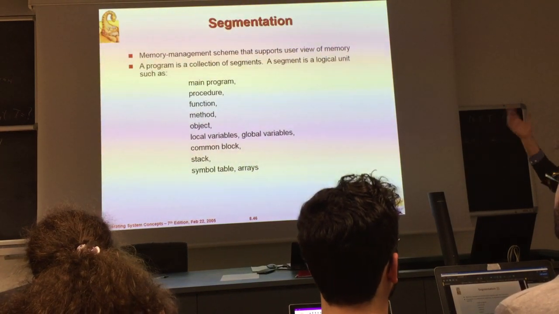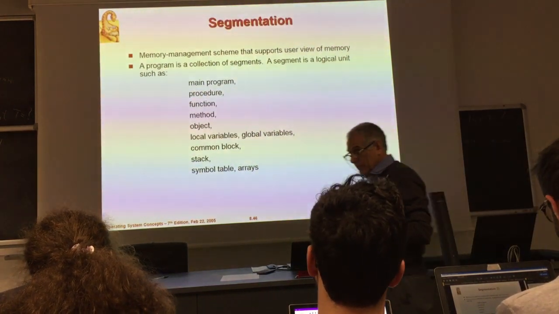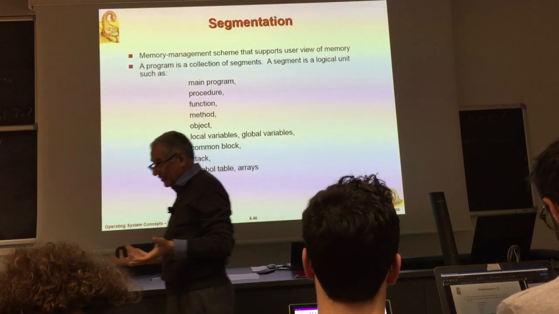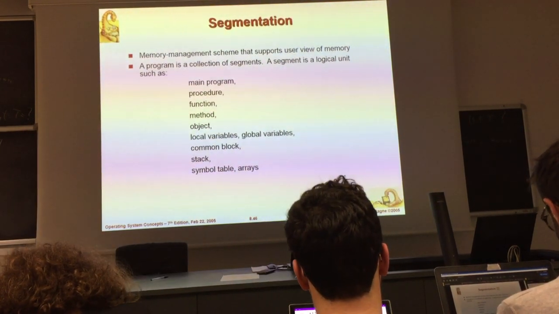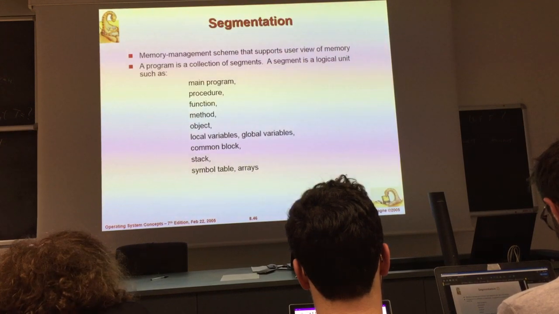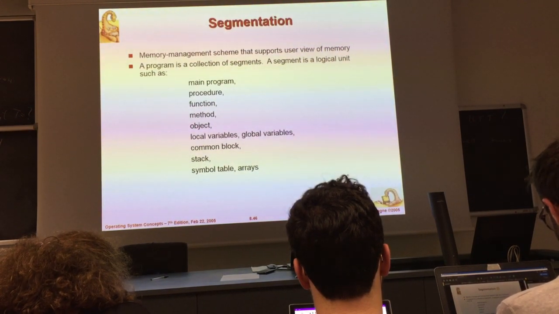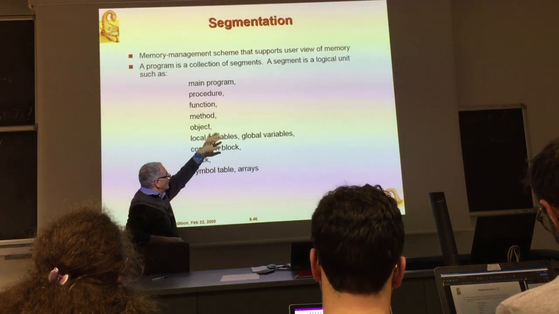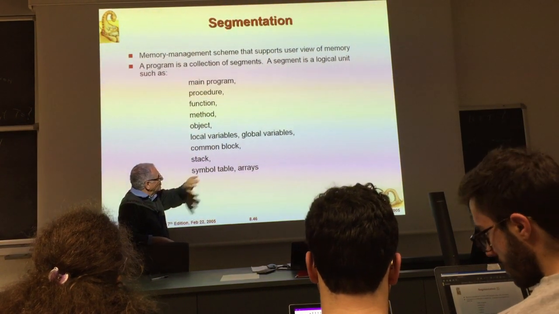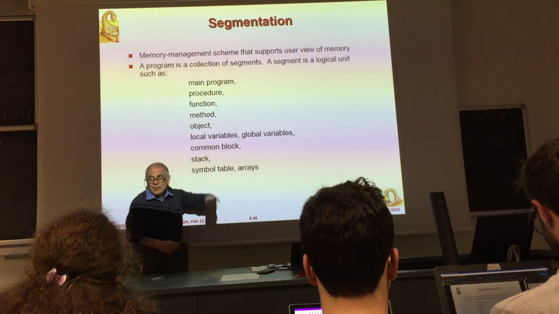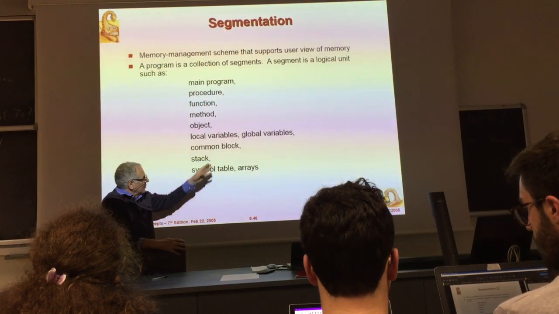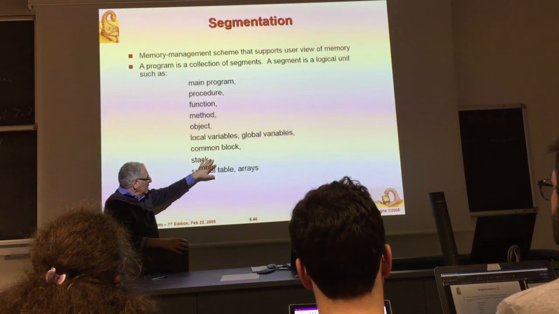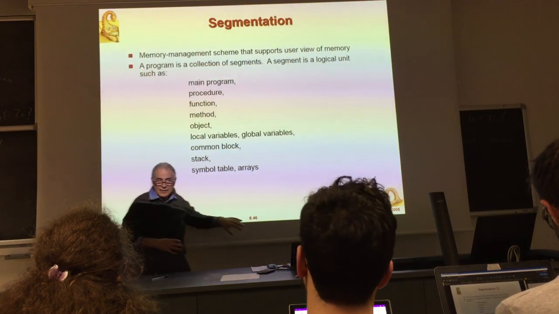A segment instead is a unit of protection in particular, because it's meaningful. So a segment may be a main program, a function, a method, an object, maybe a region of data with a global variable or local variable, stack, etc.